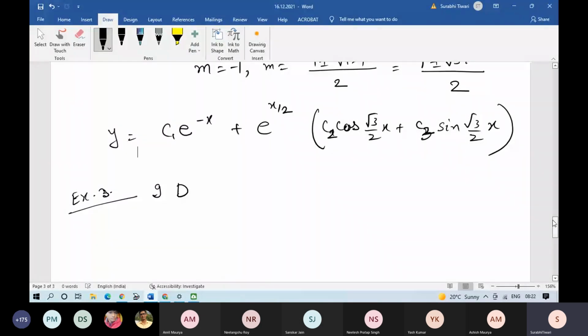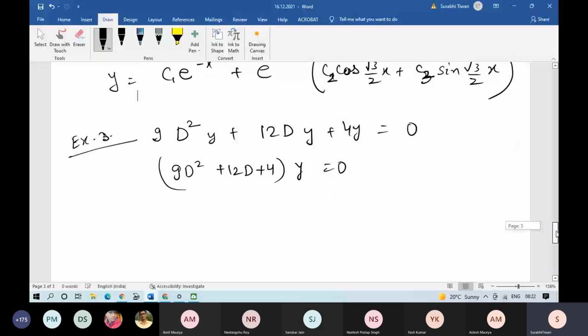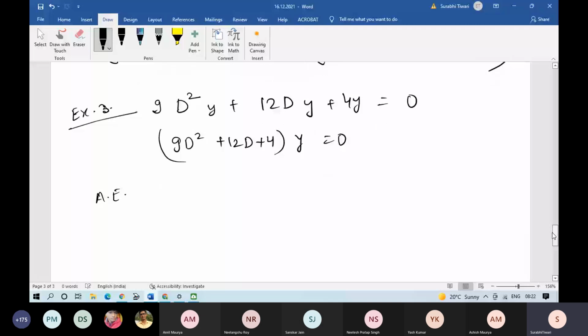So now 9 d square y plus 12 dy plus 4y is equal to 0. So we can write this as (9D square plus 12D plus 4) y is equal to 0. Now it is homogeneous, so find the auxiliary equation. Auxiliary equation is 9m square plus 12m plus 4 is equal to 0. So this is (3m plus 2) whole square.